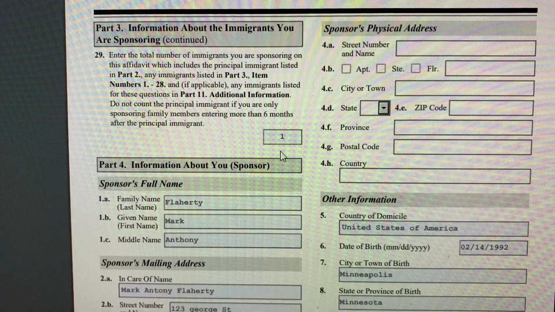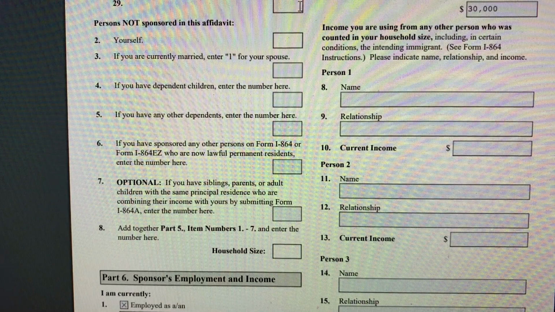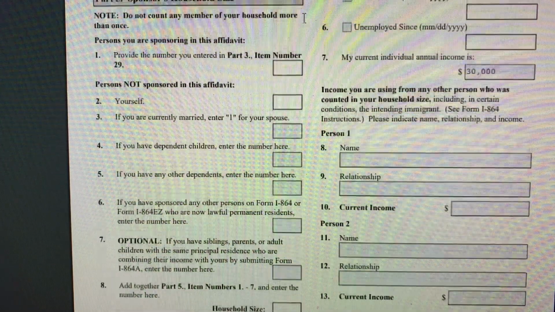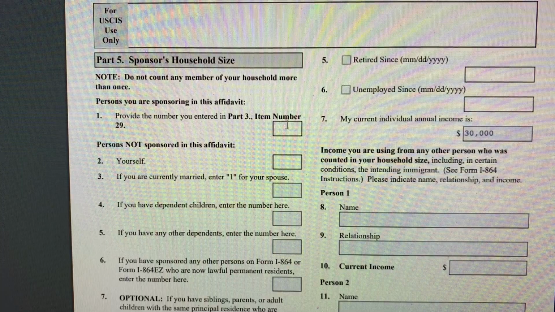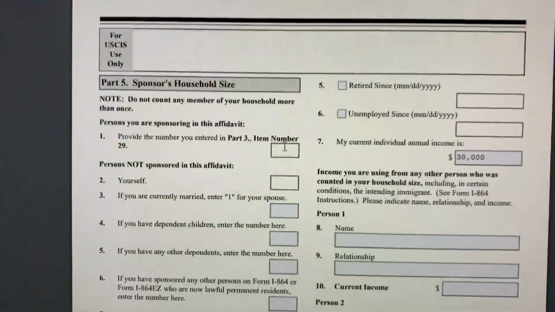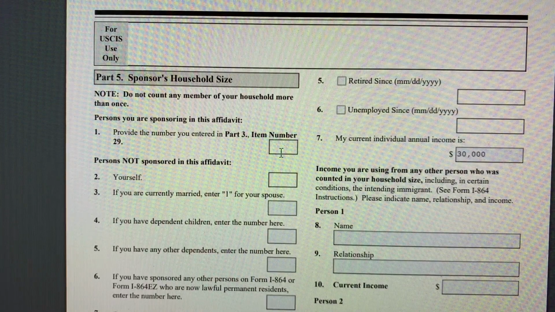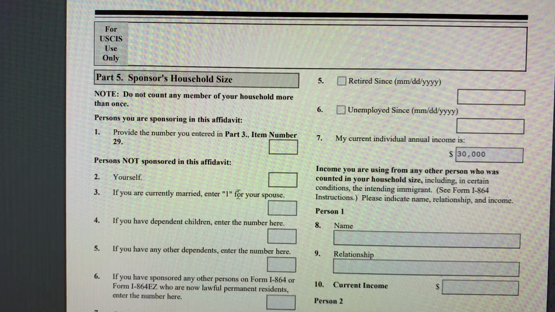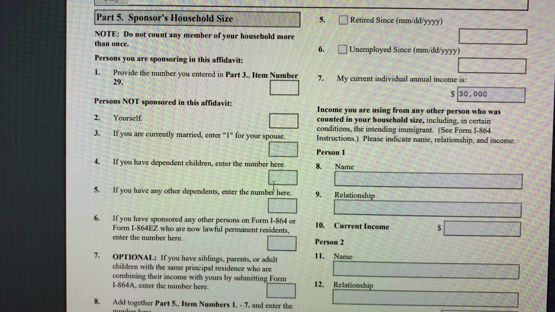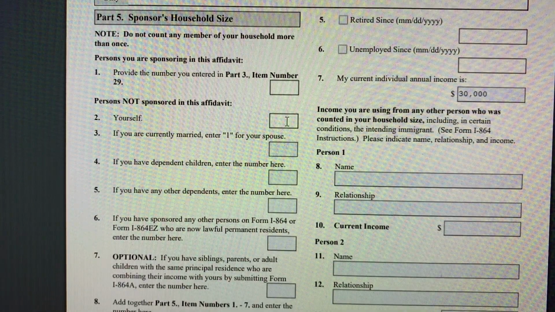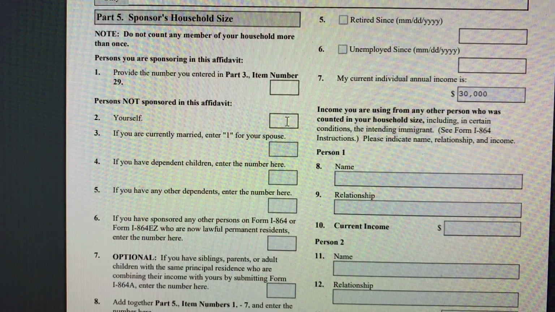So I put 1 on it, so we put 1 here. I can't seem to put 1 in there. So yeah, I can put 1. I don't know. So put 1 here because it's just the two of us. Person sponsored in this affidavit. The sponsor. I put 1 here.